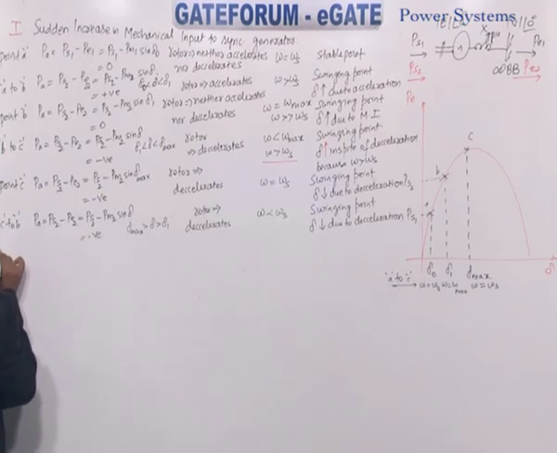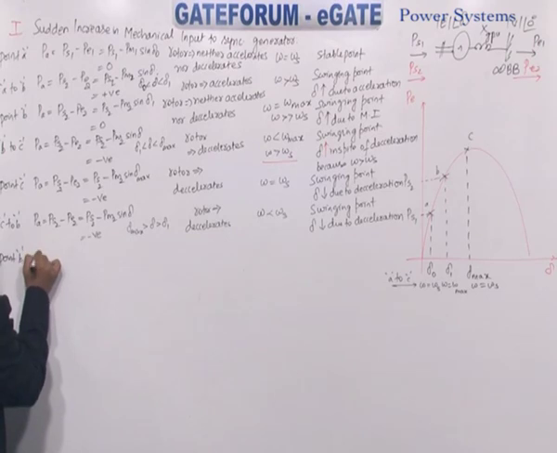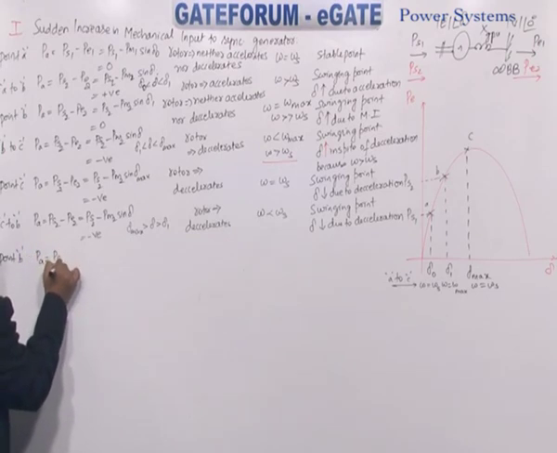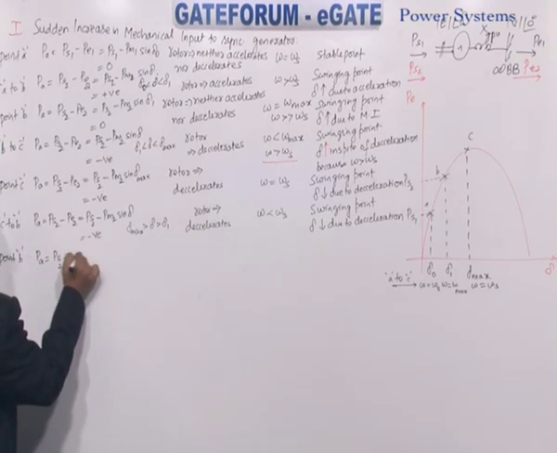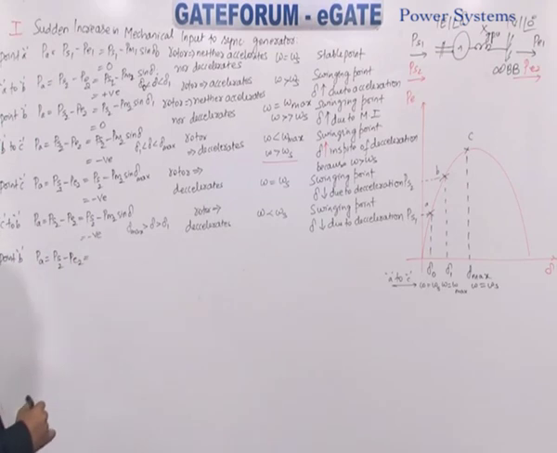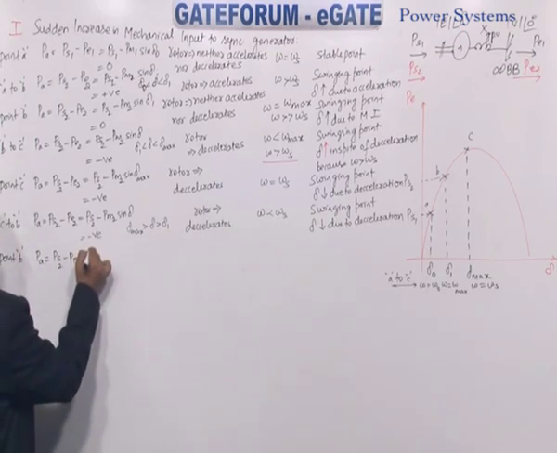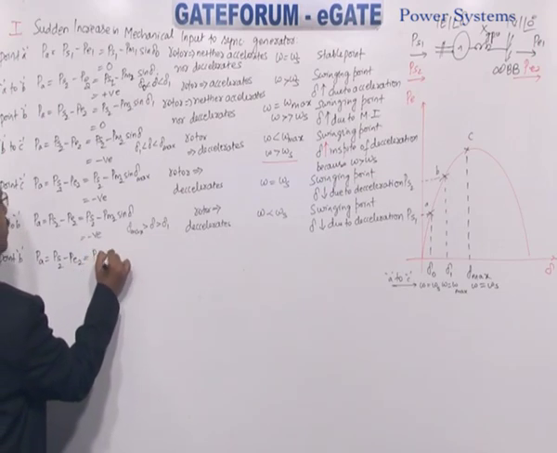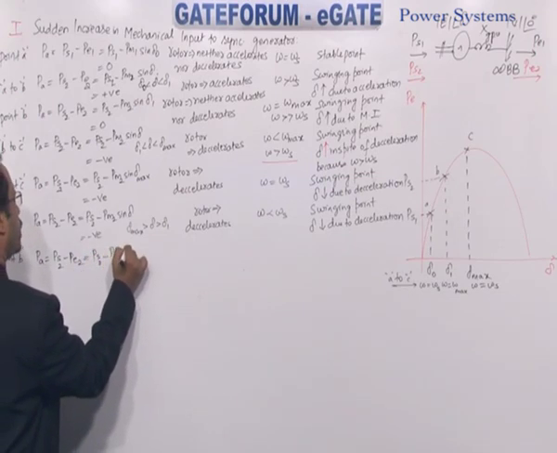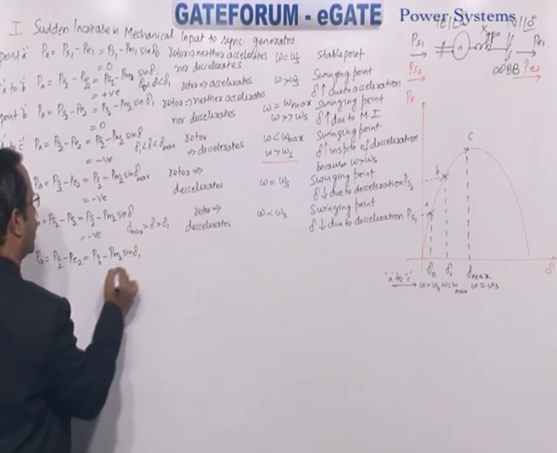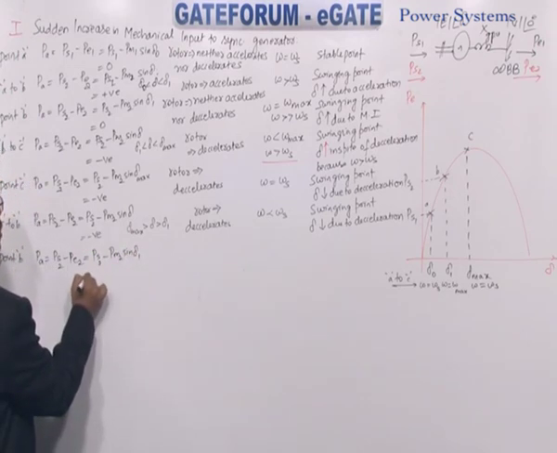And now you check the point B. What about PA? PS2 minus PE2. What about PE2 now? PM2 sine delta 1. What about this difference now?